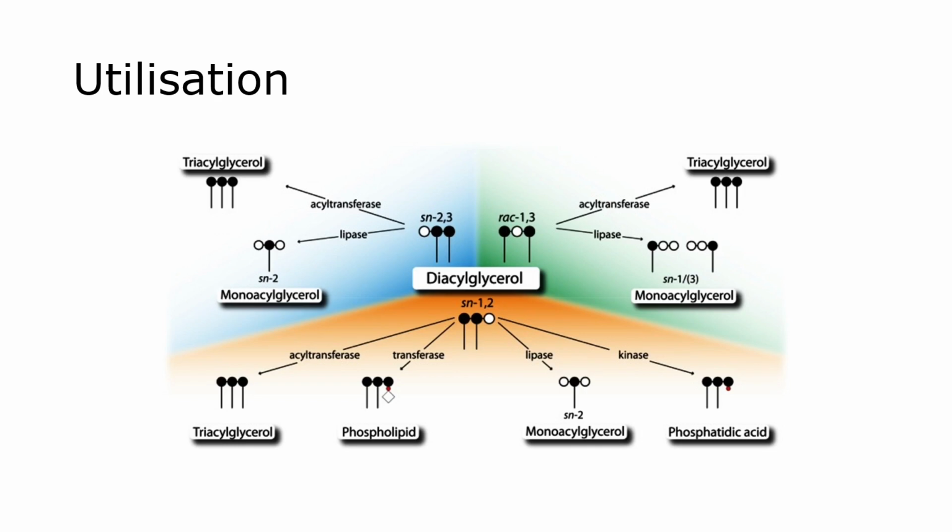So we get monoacylglycerol, phosphatidic acid, and triacylglycerol from every type of diacylglycerol isomer.